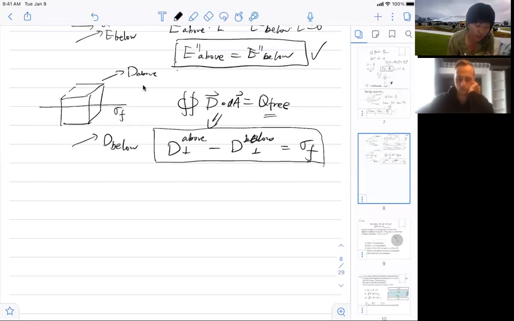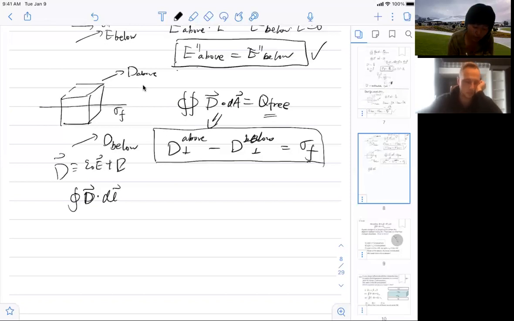And again, you might wonder, what about the other one that's equivalent to the E dot dl, but here we have D dot dl. You can see D is epsilon naught E plus P, but the integral of E dl is always 0. So this is going to equal only the integral of P dot dl.